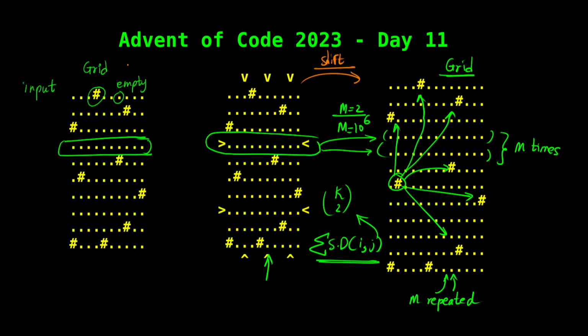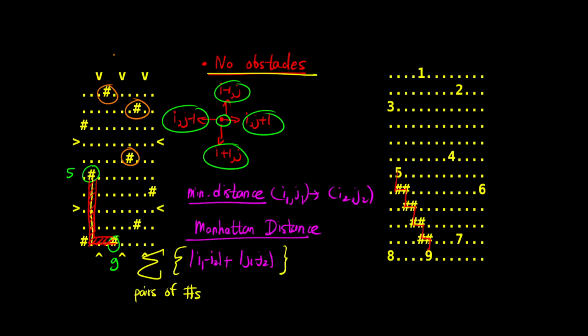So initially this hash was at 0, 3, but now it is at 0, 4, because one extra column would be added here. So if we have all the coordinates of these hashes, then it is easy to find out whatever is asked in the question by applying this formula.